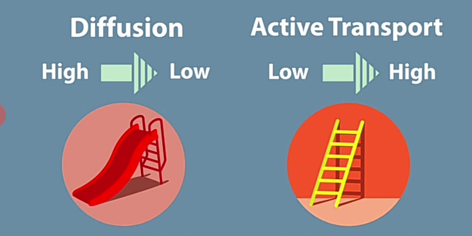But in active transport, this is a ladder, and you have to climb step by step upward, and you need energy to climb the ladder. In diffusion, you can just slide without any energy; you just sit on top and slide downwards.